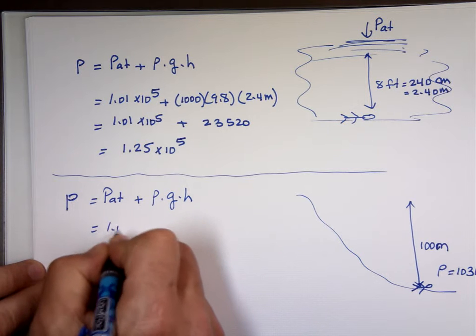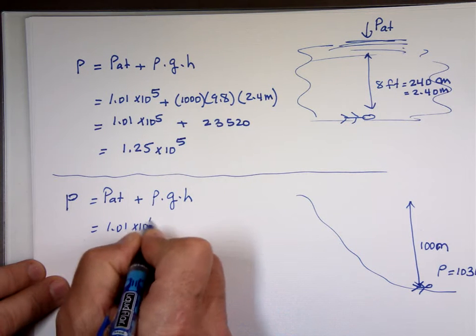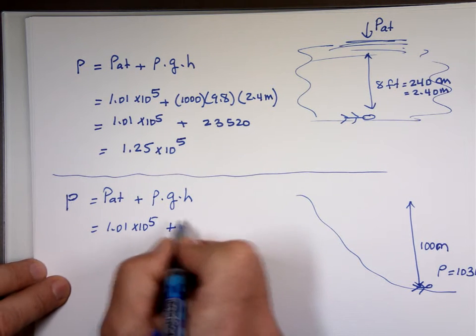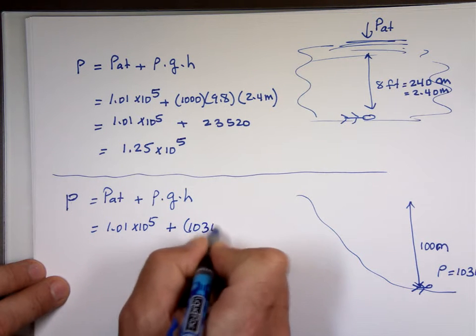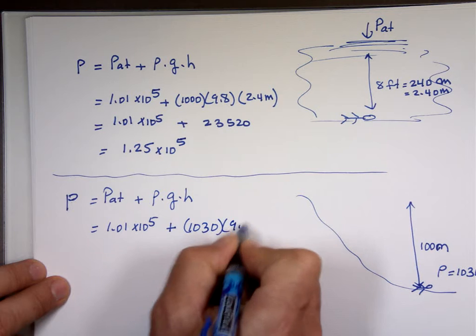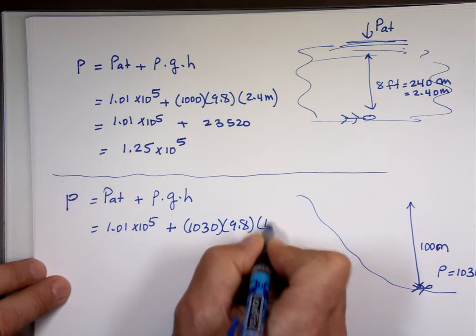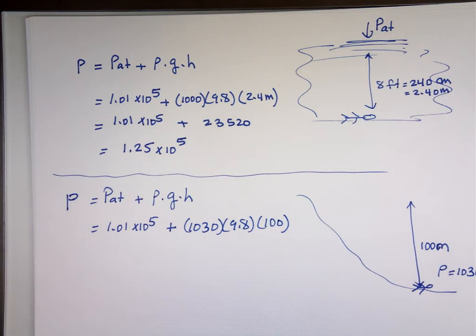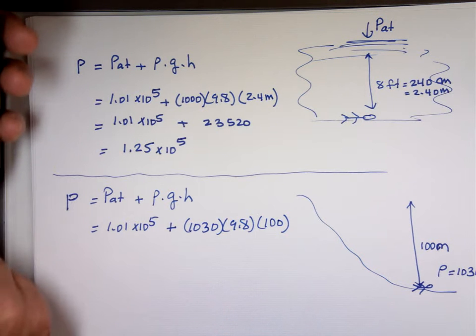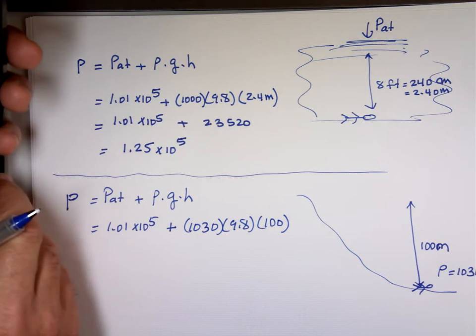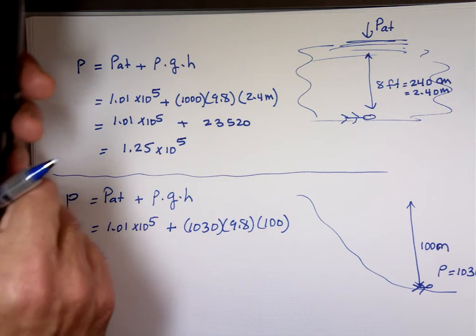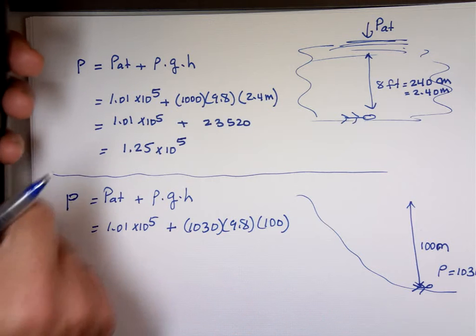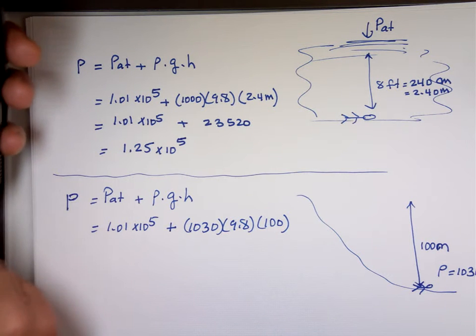Atmosphere is 1.01 times 10 to the 5th, plus rho, which is what? 1030. Gravity is what? 9.8. And now you are 100 meters deep. Times 1030 times 9.8 times 100.